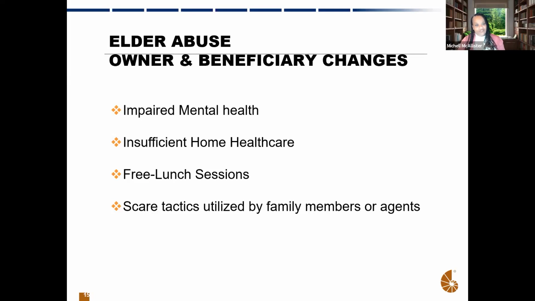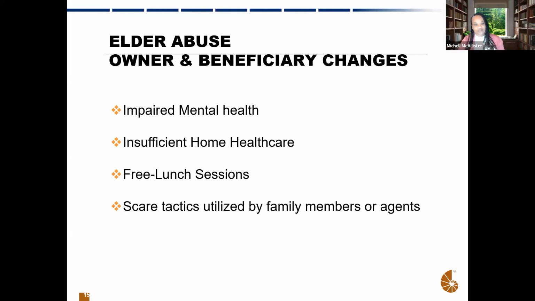Also, these free lunch sessions for our elders, and this goes into the agent abuse that we were going to touch on. They'll get invited by agents to a little conference room at an ABC hotel or motel down the street.